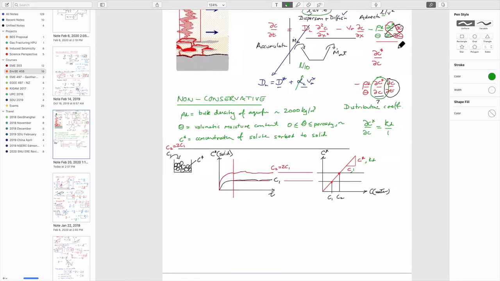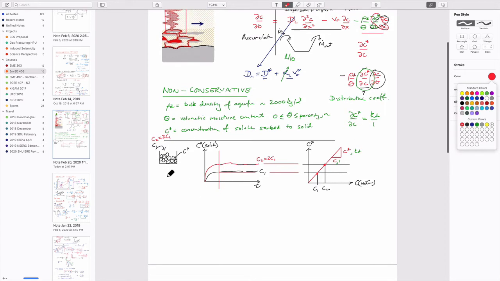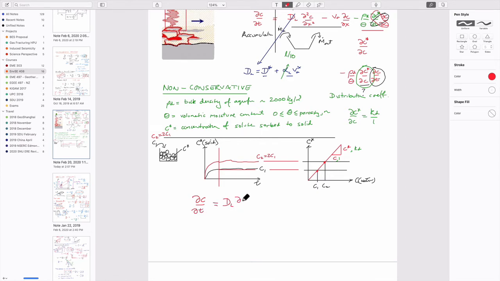So I'm going to make it smaller so I can put it on at the same time. If I write this expression at the top, the accumulation term dc/dt is equal to this dispersion term, D d2c/dx squared, minus advective velocity times concentration change with length, minus now this term.